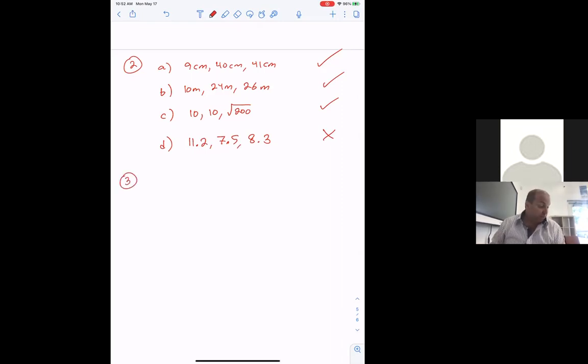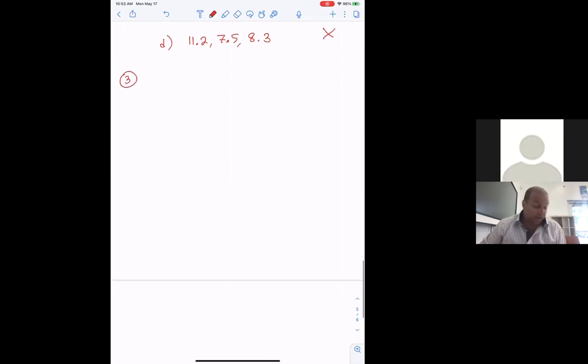Question number 3 is a fun-looking problem. And it has this diagram here that is not going to be the easiest to draw. So I'll do my best. We have a right triangle here of sides length 1 and length 1. Then it forms a right triangle here.